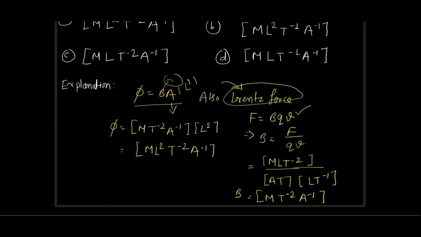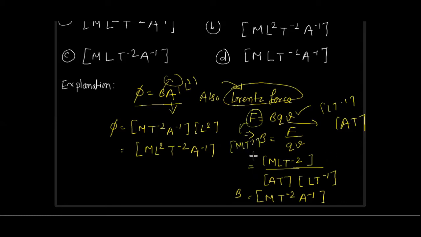Here V is the velocity, its dimension is L T minus 1. Q is the charge, so its dimension can be written as the product of current and time, that is A T. And F is the force, so the dimension of force is M L T minus 2.